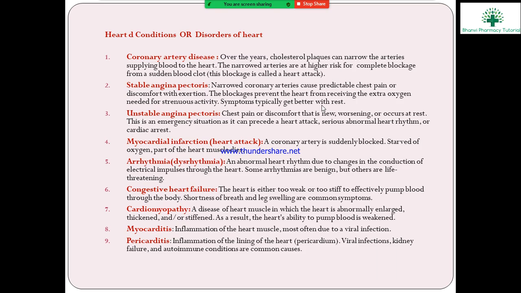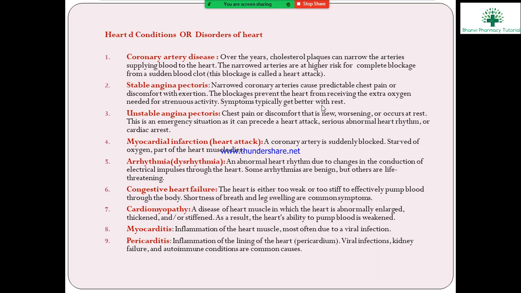Next, the third disorder is unstable angina pectoris. Stable and unstable are both under angina pectoris. In unstable angina pectoris, the chest pain or discomfort is new, worsening, or occurs at rest. This is an emergency situation, as it can precede a heart attack or a serious abnormal heart rhythm or cardiac arrest.